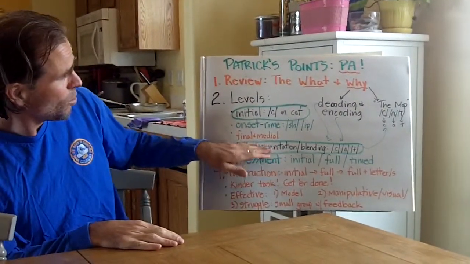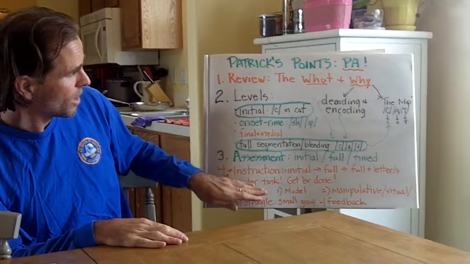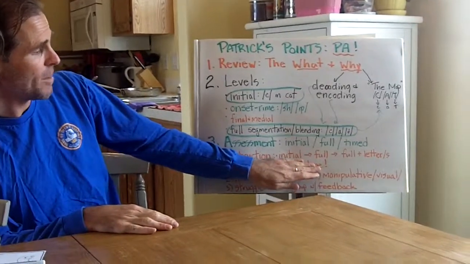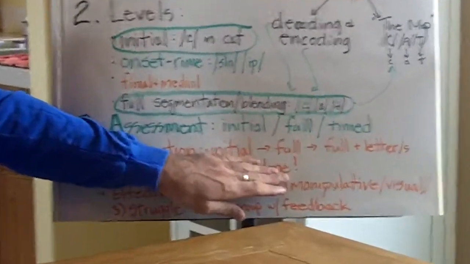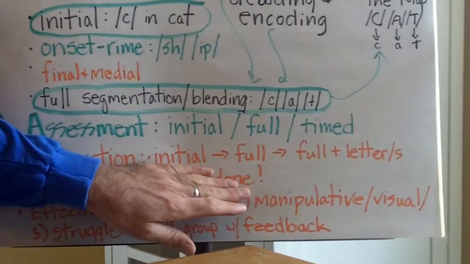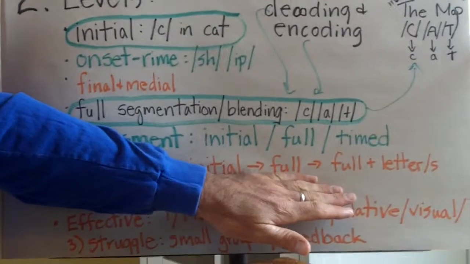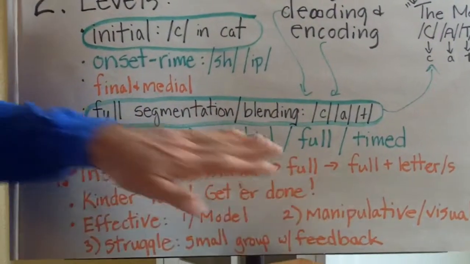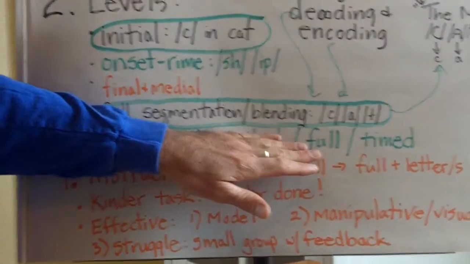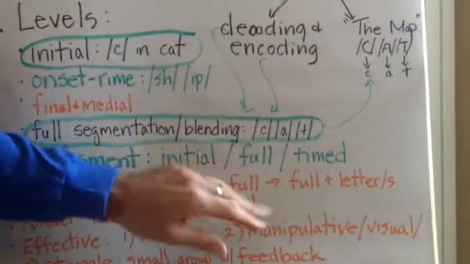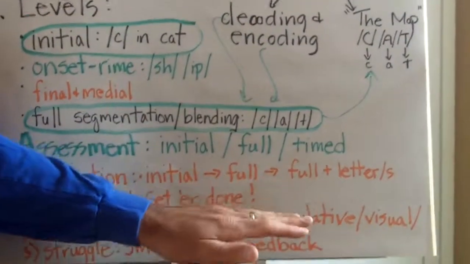But once we have kids who can segment the initial phoneme, and that's critical early in kindergarten so we can teach the letter sounds effectively, then we want to get to this level of full phoneme segmentation. In the end, that's the money skill, right? That's what leads to the decoding and encoding of words in print.